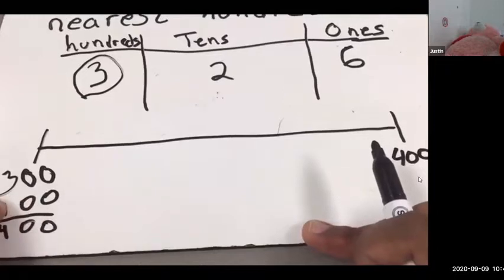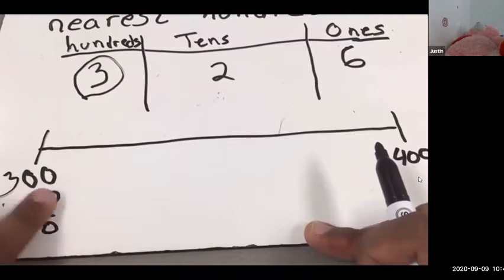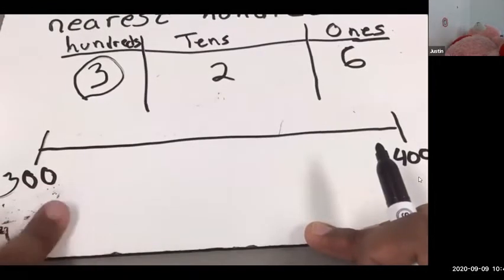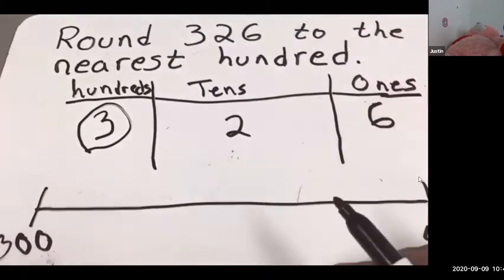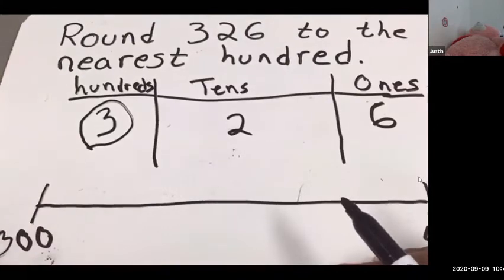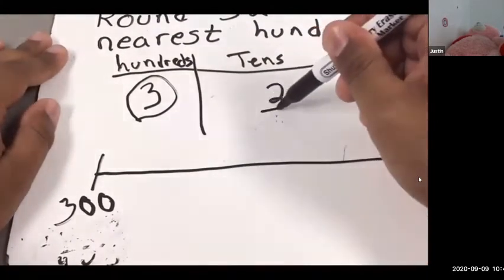Now, you're probably asking me, which one do I choose? I mean, there's two of them. Which one do I round 326 to? The answer is, where we want to look at now is the tens place.